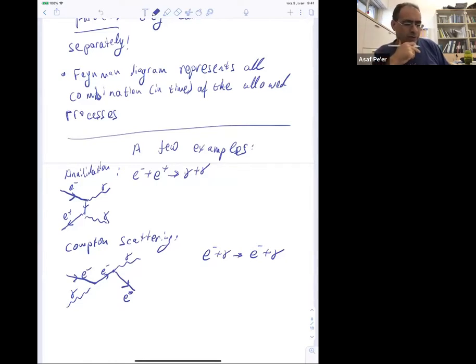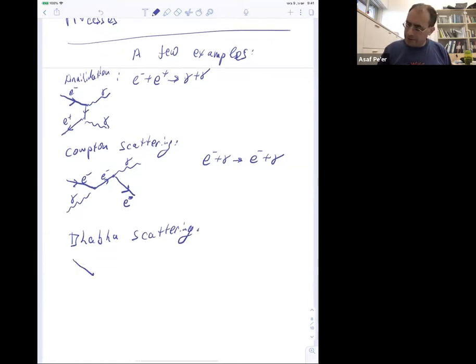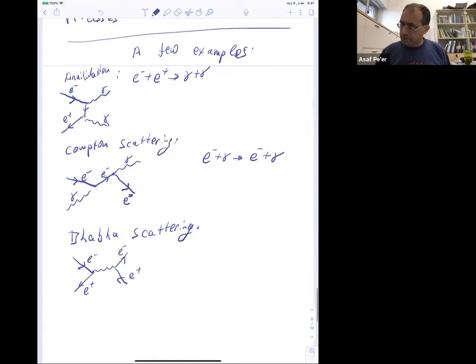We can have a scattering between an electron and a positron. It is known as Bhabha scattering. So an electron, a positron, we exchange a photon, and we end up again with an electron and a positron.